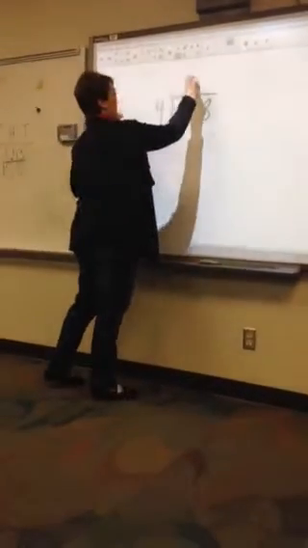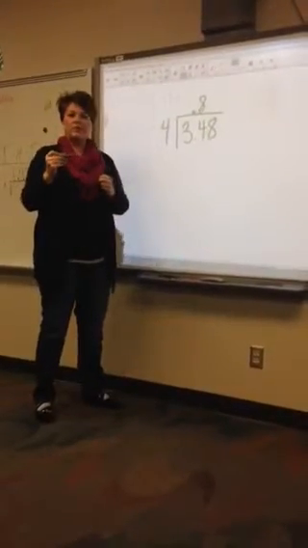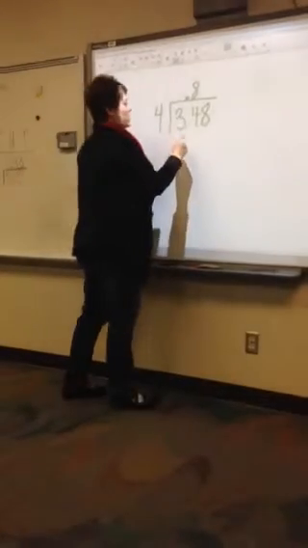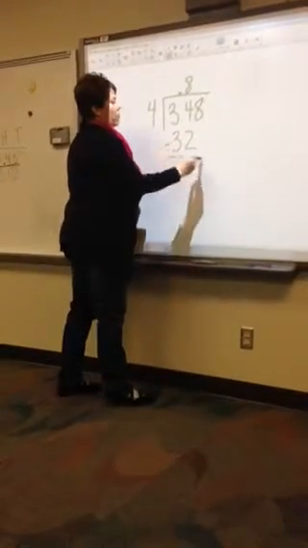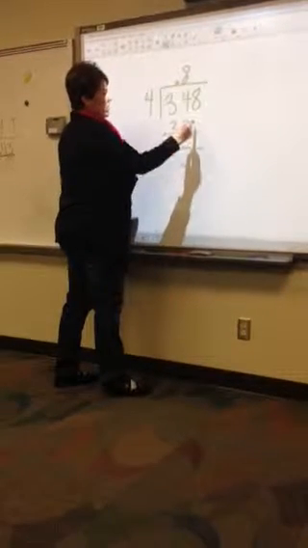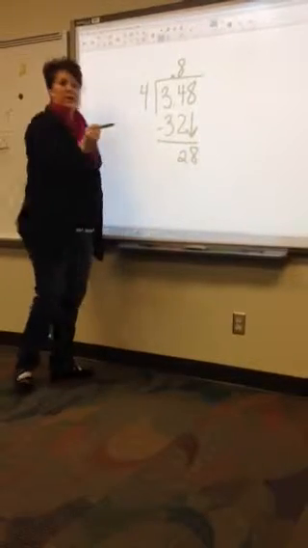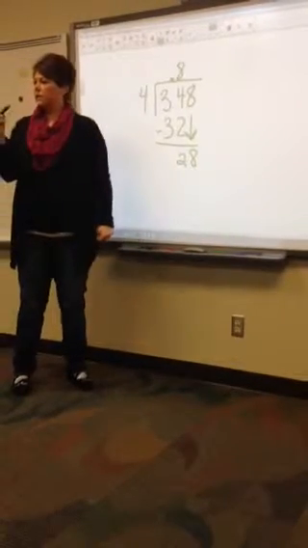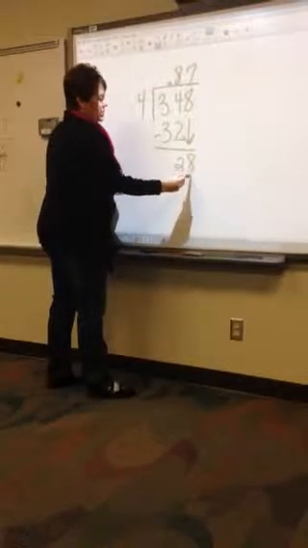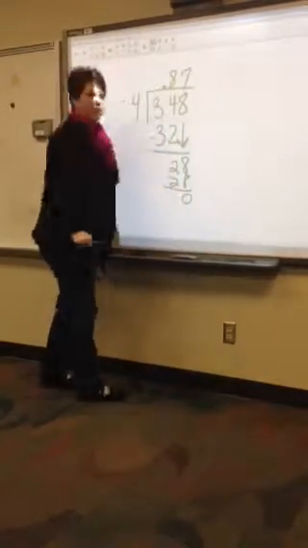So I put an 8 on, and now you're ready to multiply. 8 times 4 is 32. 34 minus 32? 2. So I'm going to bring down the 2. Can 4 go into 28? How many times? 7. 7 times 4? 28. 28 minus 28? 0. Okay, good. I feel like you're good with that.